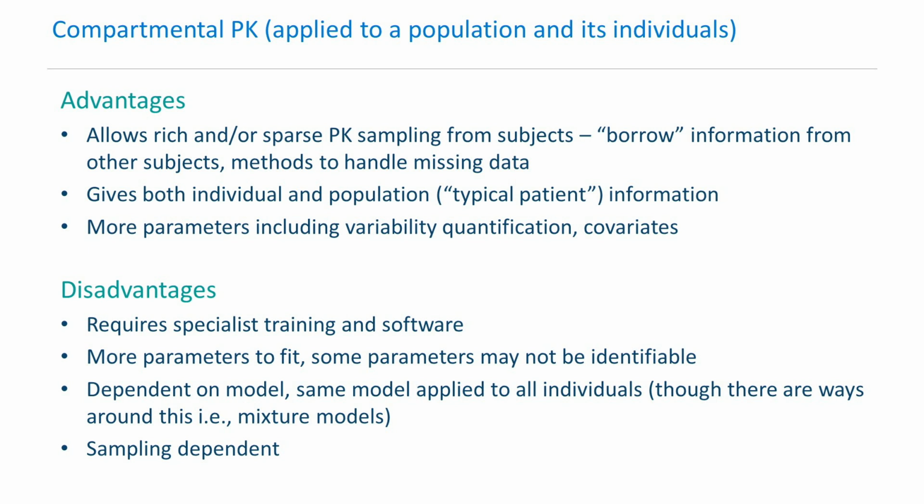So you can borrow information from other people, but if you've sampled all of your patients in the initial stage of your PK profile and you don't have anything in the terminal phase, you're not going to be able to get good model characterization. As I mentioned in a previous slide, we often will pool together our rich and our sparse PK in order to have more support for the characterization of PK in our target population.